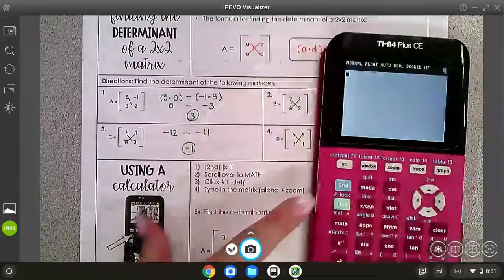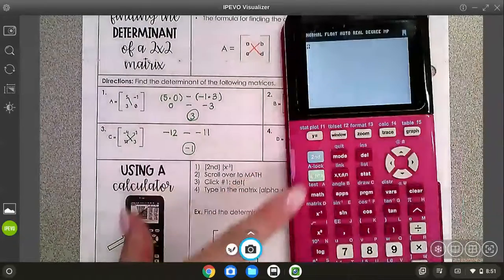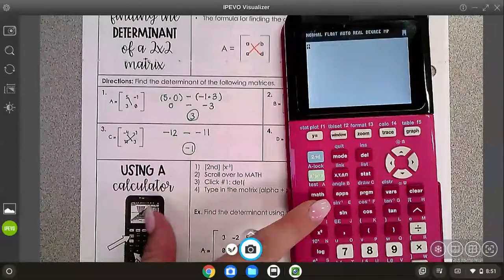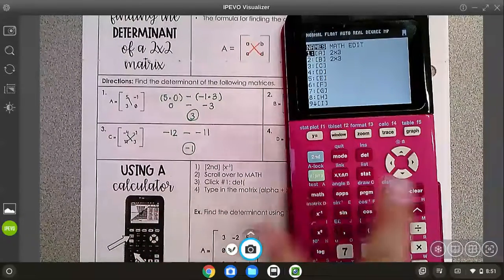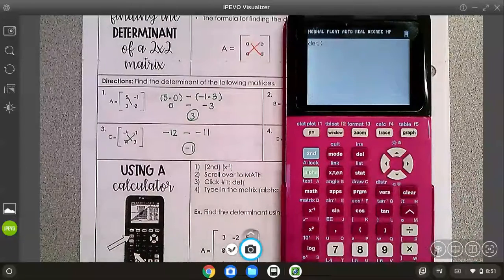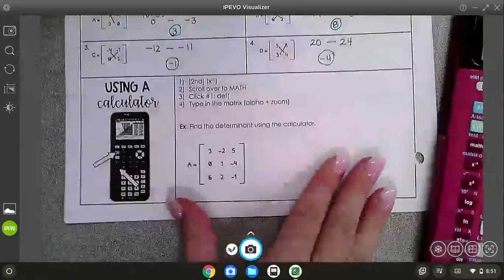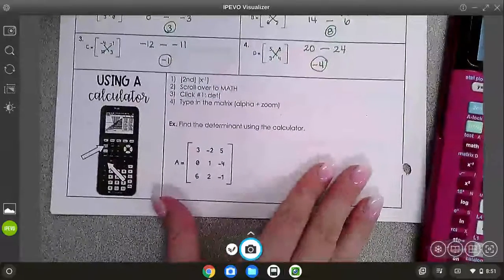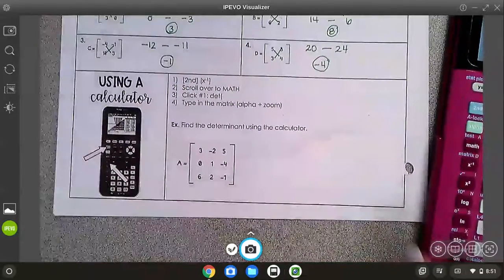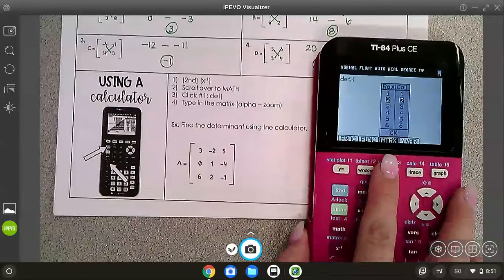But the shortcut is if we go to the matrix menu, so second, this inverse button, go over to math, and number 1 is determinant. Either way will get you that. And then we have to type in the matrix. This example that's here on our notes is a 3 by 3. So alpha zoom.